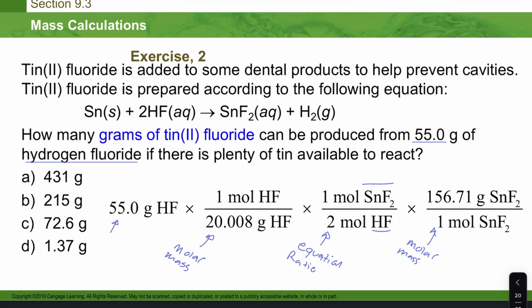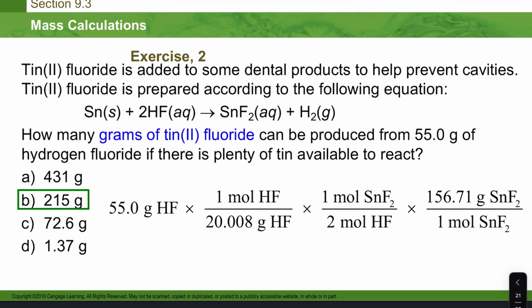You multiply the top. This counts as a top if there's nothing underneath it, by the way. Multiply the top, divide by the bottom, and you end up with 215 grams as your answer.